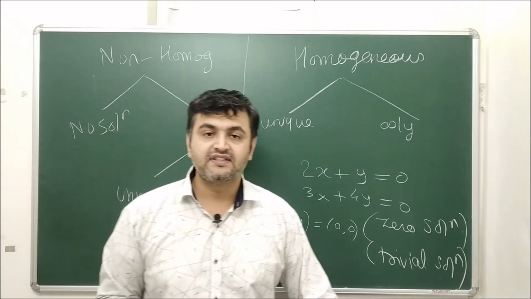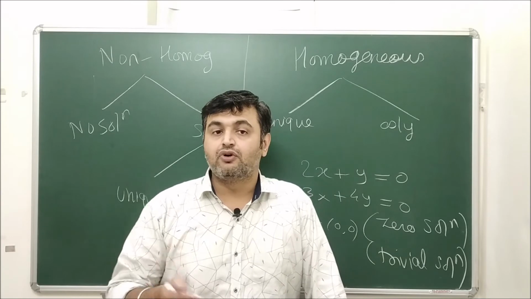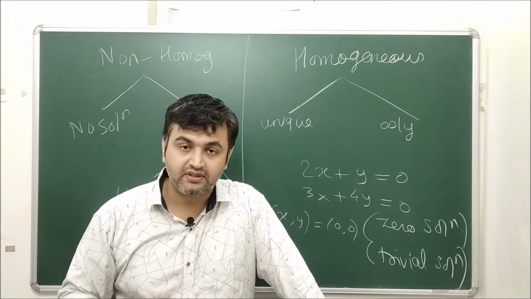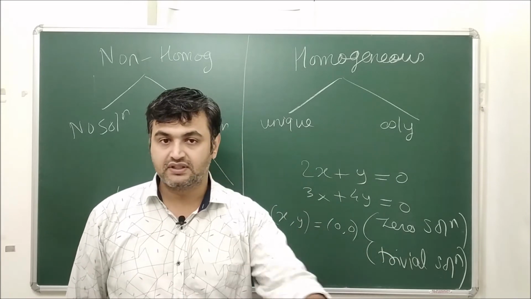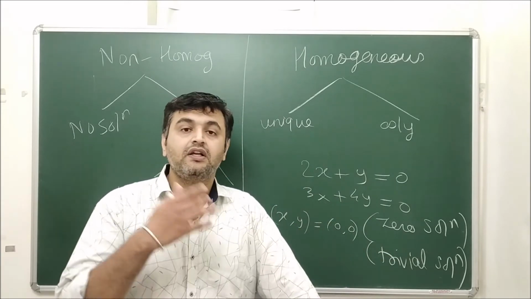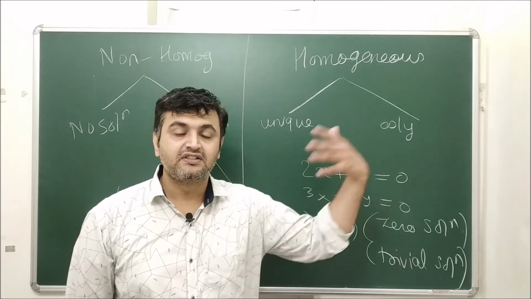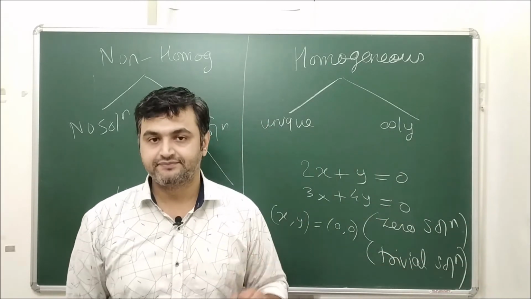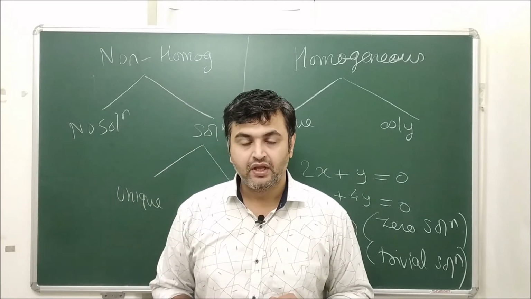So if someone says you have a homogeneous system with a unique solution, then that solution has to be the zero solution only, nothing else. And if the homogeneous system has infinitely many solutions, then yes, it will have some non-zero solutions as well. So that's one good observation that one has to understand.